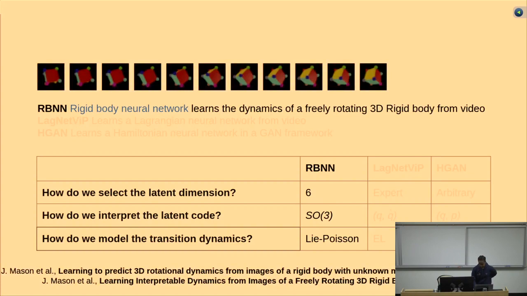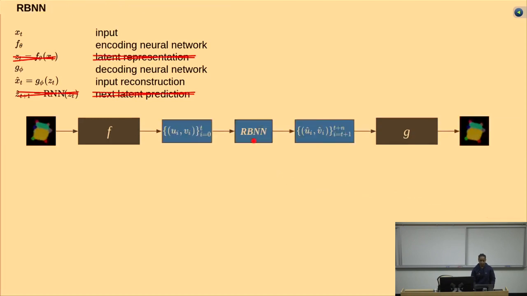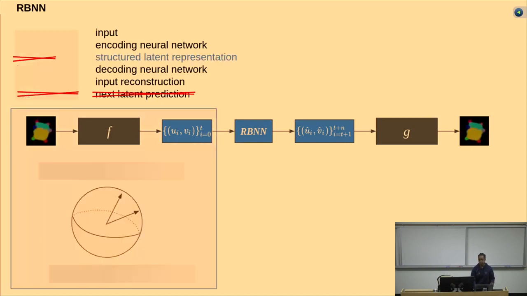Diving into RBNN, a neural network that learns the dynamics of a freely rotating 3D rigid body from video. If we think about a standard autoencoder with an unstructured latent space and black box latent dynamics, this RNN module as a baseline, given a sequence of images of a freely rotating rigid body, RBNN differs from that baseline model in two important ways.